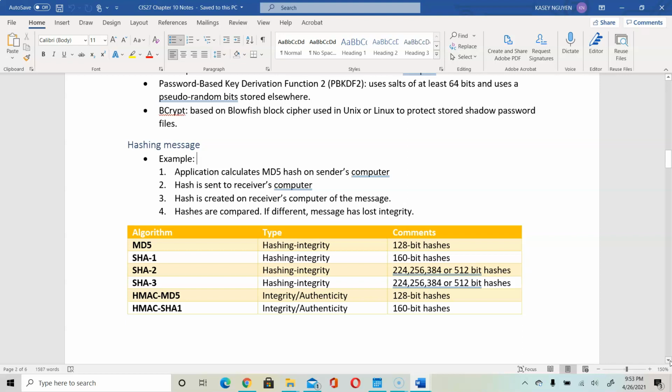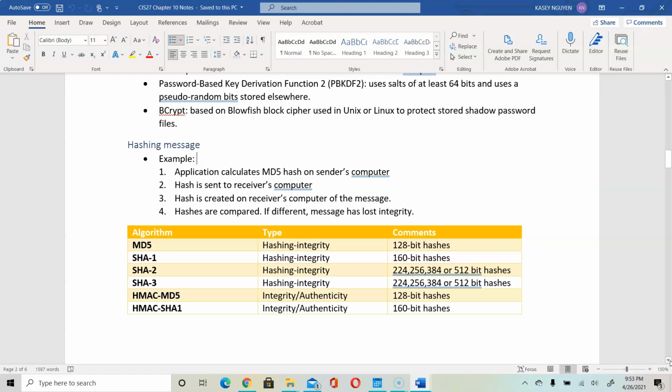So in the table, it gives you the overall view of MD5, SHA version 1, 2, and 3, HMAC MD5, and HMAC SHA 1. So now in the hashes, MD5 and SHA 1 through 3, we would see that there is hashing integrity.